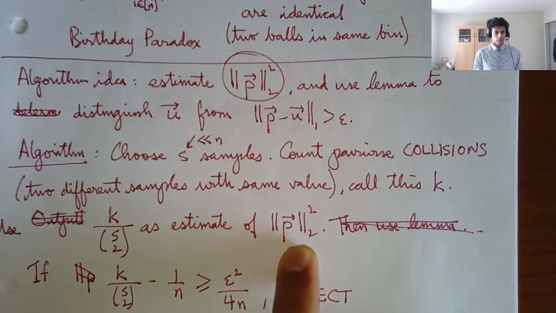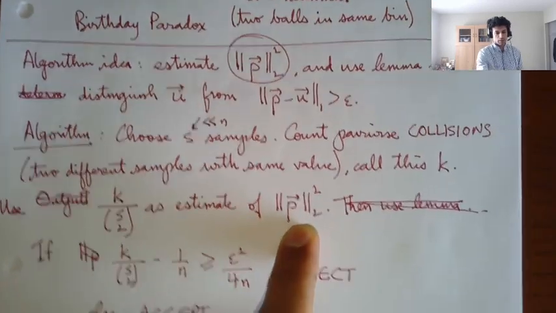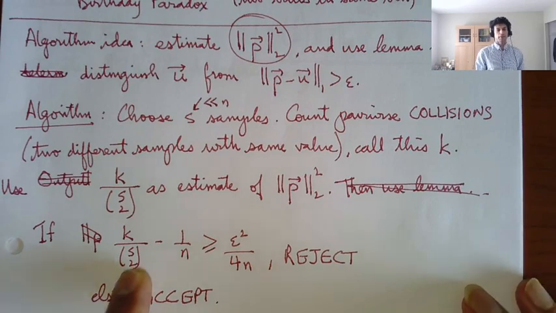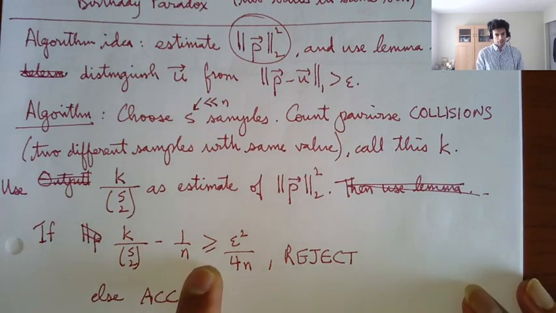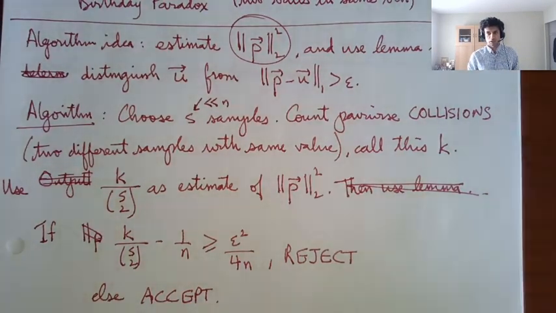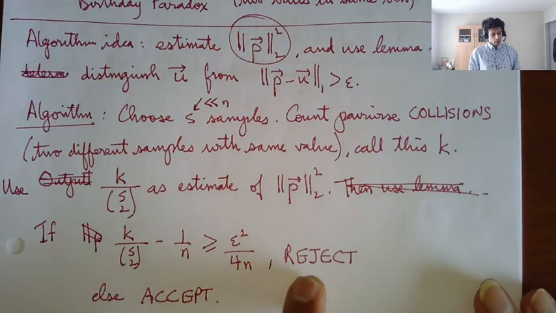So the full algorithm is this: if K divided by S choose 2 minus 1 over n is greater than epsilon square over n, and we're going to put a 4 over there, a constant factor, just to take care of deviations, then it's going to reject.